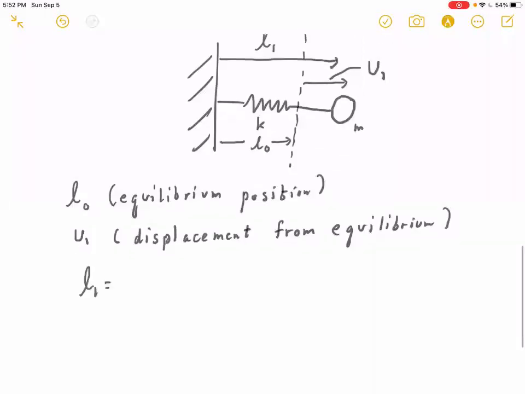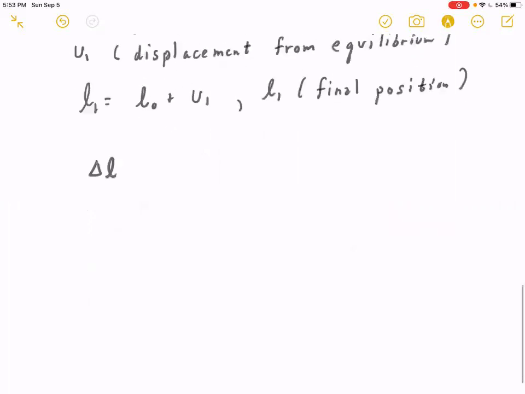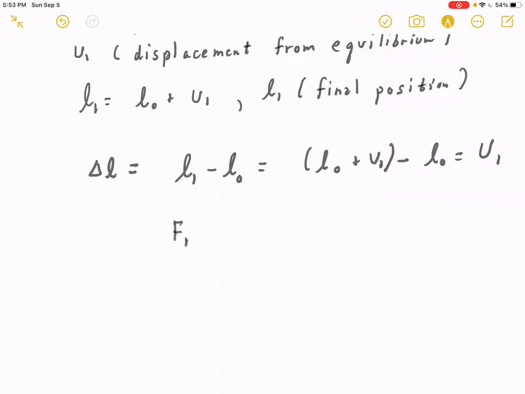L sub 1 is just L naught plus U sub 1, where L sub 1 is just the final position of the mass. So the displacement of the mass from its equilibrium position, delta L, is just the final position, L sub 1, minus L naught. That's L naught plus U sub 1 minus L naught, and that's U sub 1. So according to Hooke, F sub 1 is just K times U sub 1.